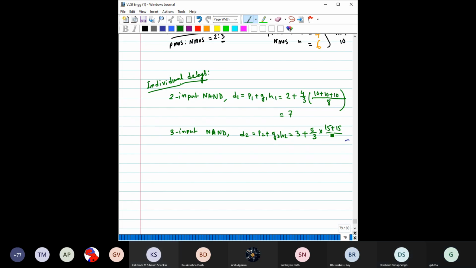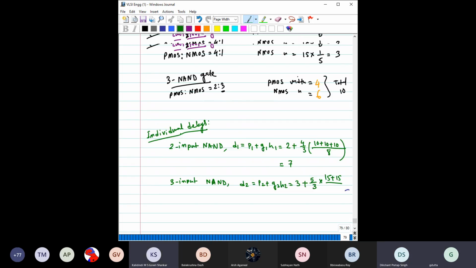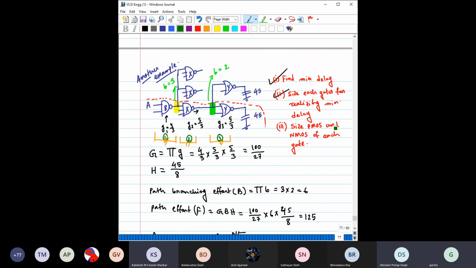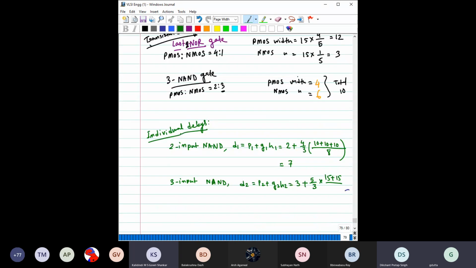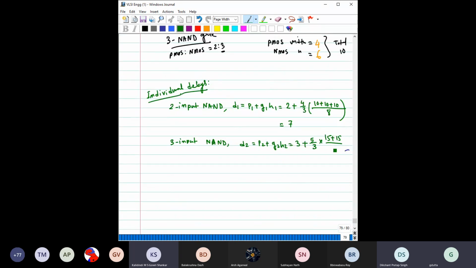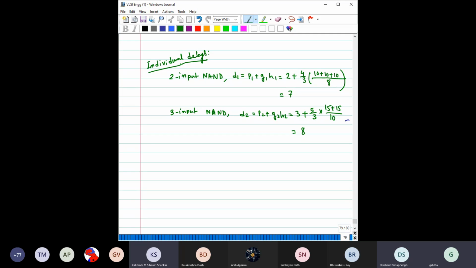It is driving 2 gates, each gate having a size of 15, so it is 15 plus 15 by the input, which is 10. If you calculate it, this should come to 8.